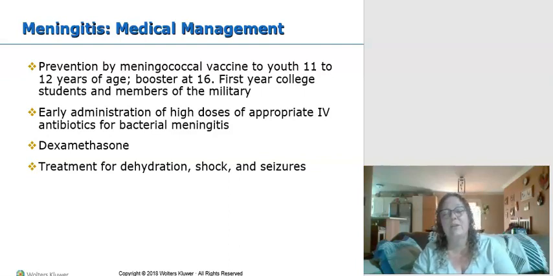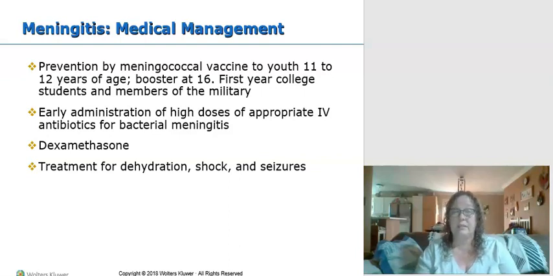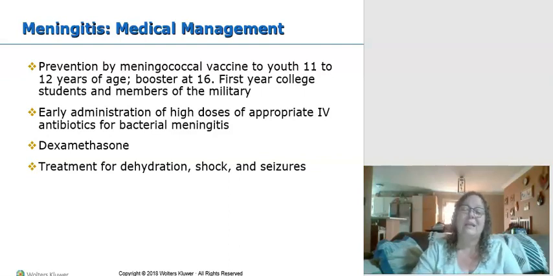May use dexamethasone. That can help. Dexamethasone is a steroid to decrease inflammation. And we want to treat dehydration, shock, and seizures, right? So supporting blood pressure, supporting vital signs, seizure precautions if indicated, that sort of stuff.